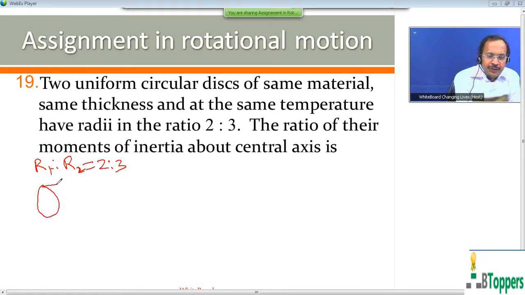So in general, if T is the thickness and R is the radius of the disk, then mass of the disk you can write volume of the disk multiplied by the density of the material of the disk.